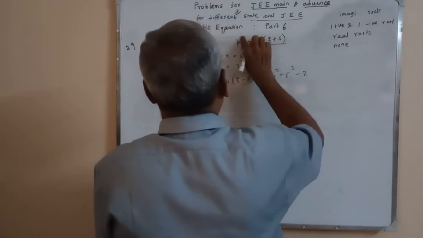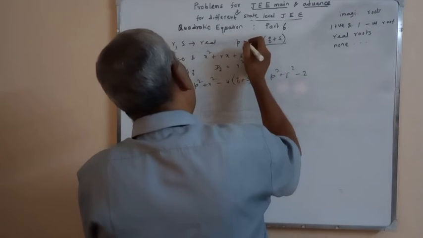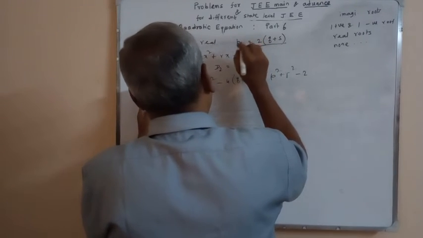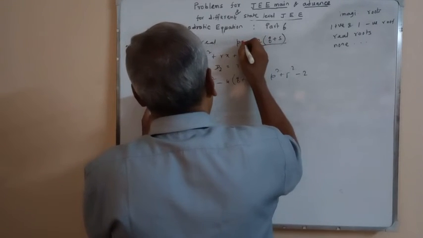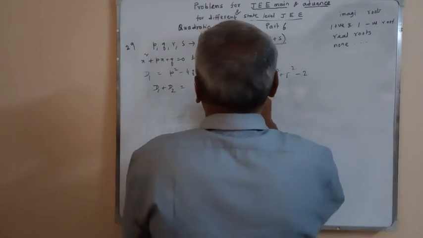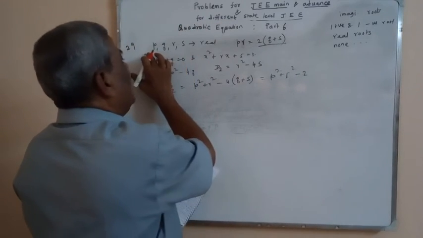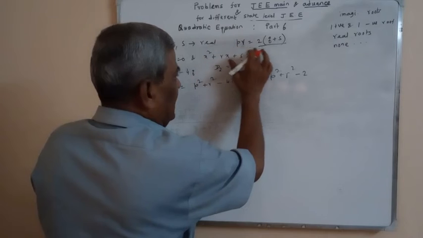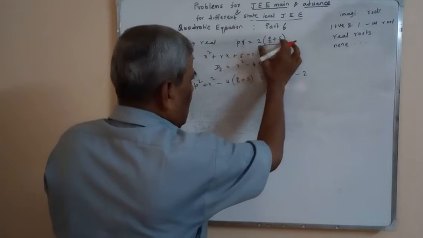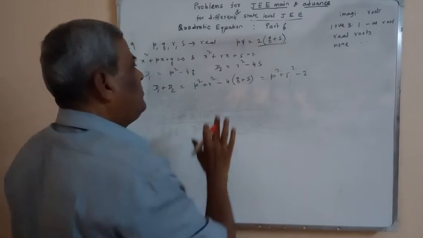Actually I write the actual one: PR is equal to 2 times (Q plus S), and this is given, and the roots are real.